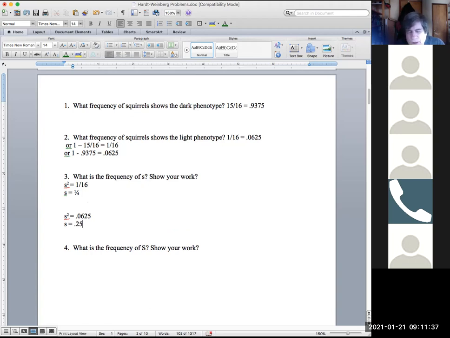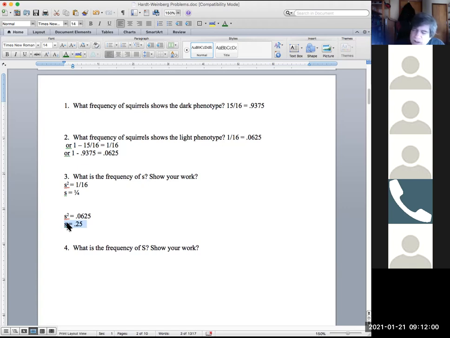Now, one of the things to notice here, because it's something that's a common pattern that we see, notice there's only 1/16 of the squirrels in this population that show a recessive phenotype. But when we look at s, notice s is the frequency of the recessive allele. s is 0.25.